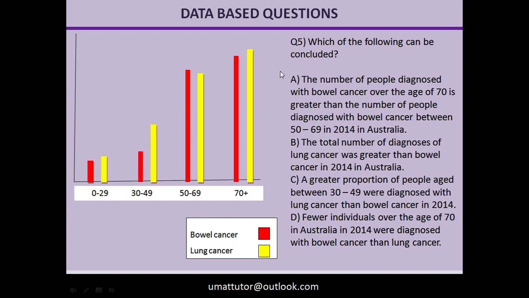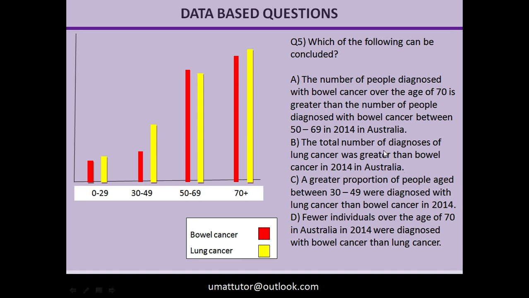Because if this 70 plus group is much smaller than this group here, then it could be that the number of people, as said here, is far greater in this group than in that group, given this is a proportion, not a raw number. So that's a distinction to be made there. It's a classic trick in database questions, the difference between raw numbers and percentages. So that's why A is incorrect.